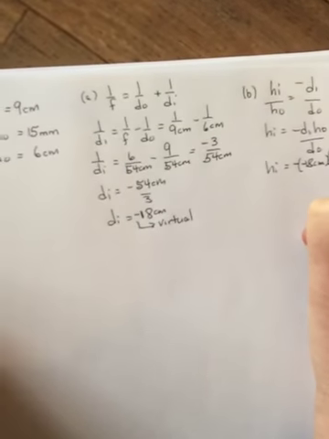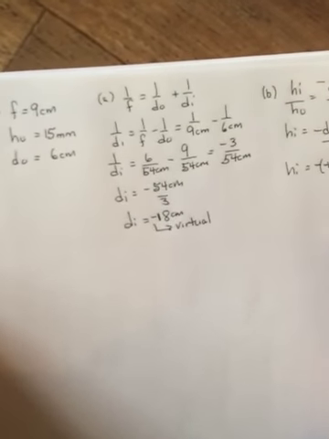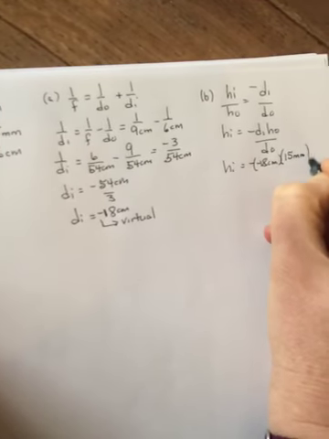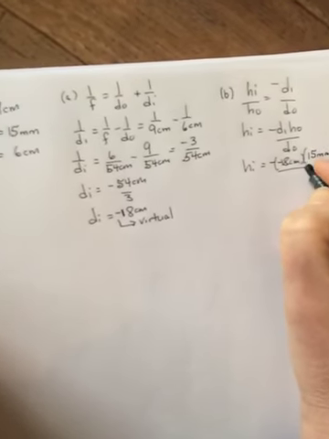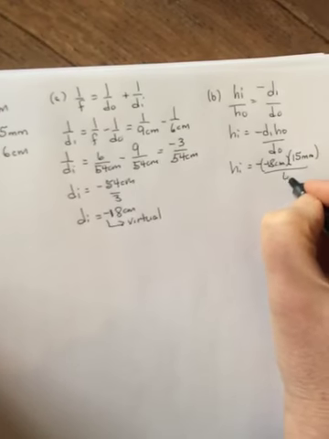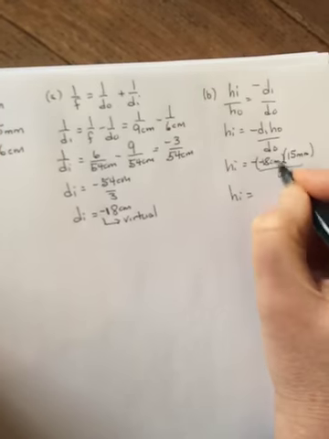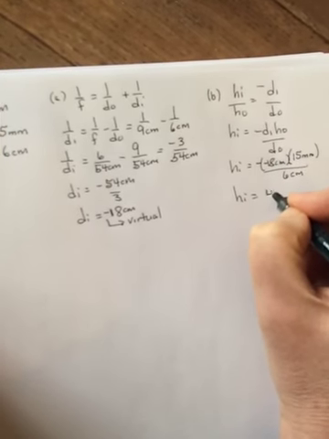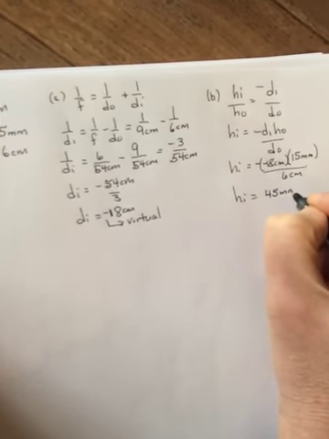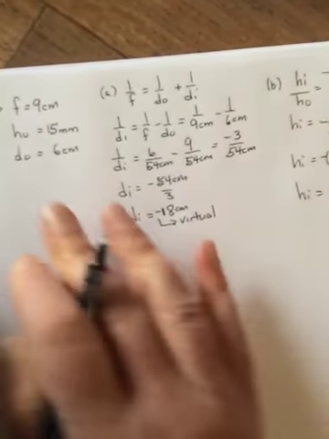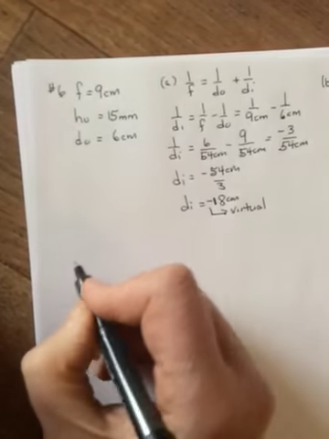And the HO they told us was 15 millimeters, over 6 centimeters. So HI, the negative, negative becomes positive, and I think we get 45 millimeters here, right? It goes into it 3 times, yeah. All right, so that was number 6.